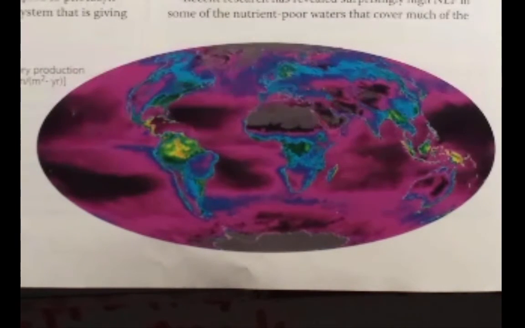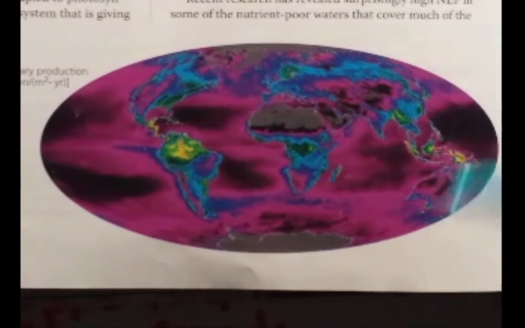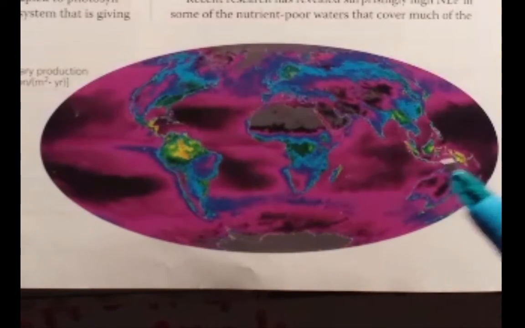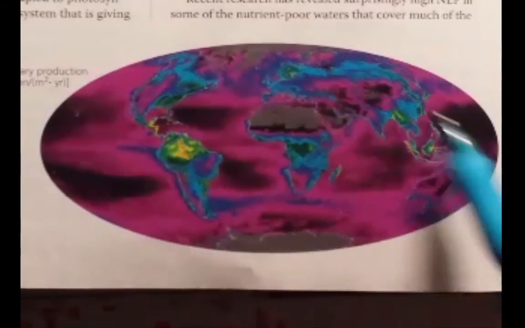They focus on net primary production, global net primary production, the amount of production that occurs globally. And it's nice to look at an image as we see here. In this image, what we can see is the relative amount of production that occurs in different areas of the world.